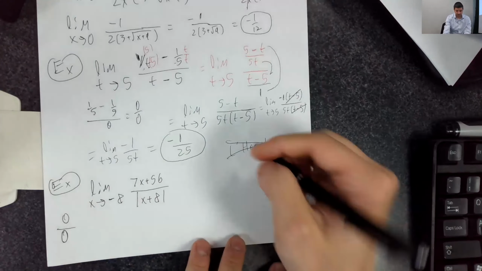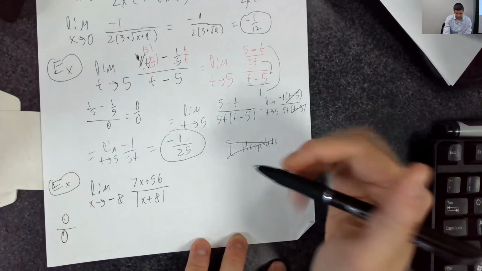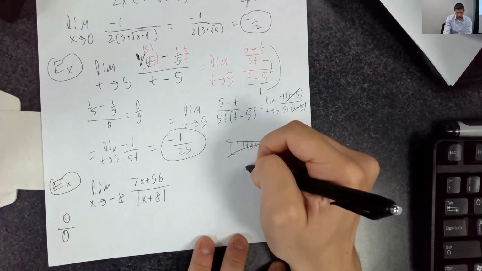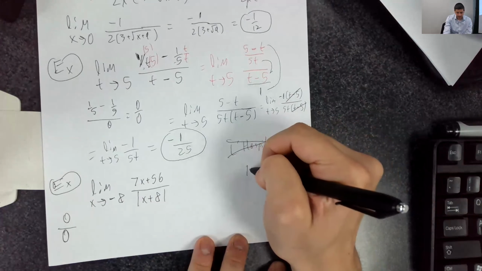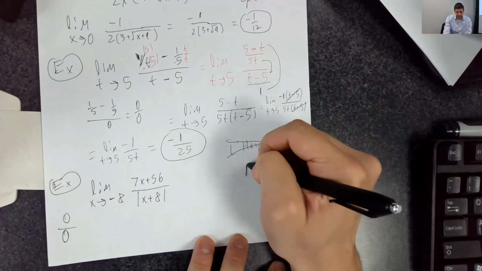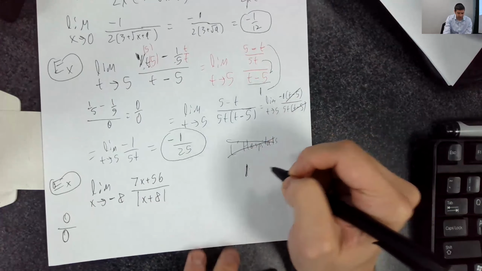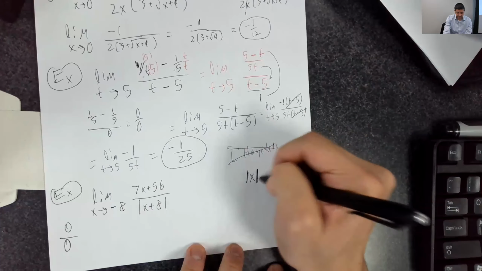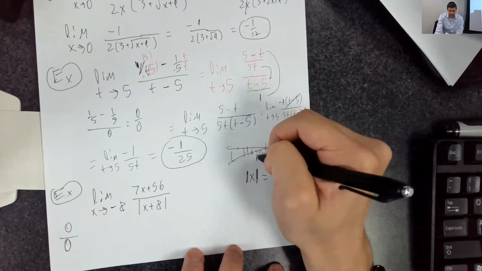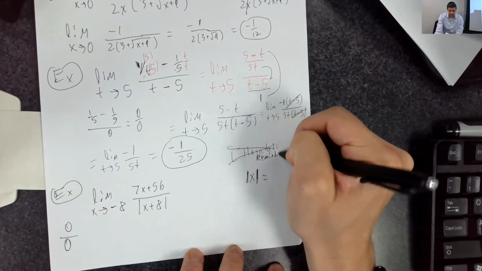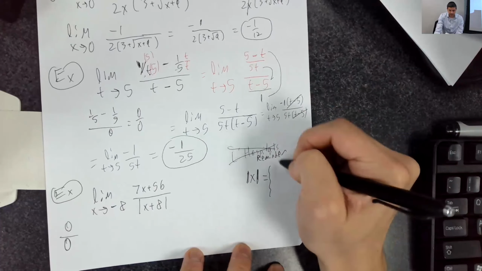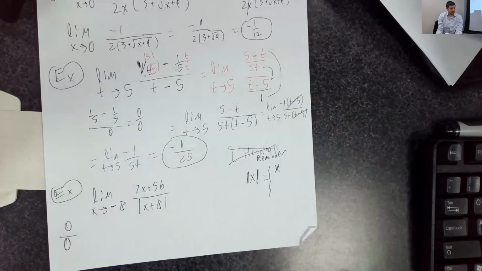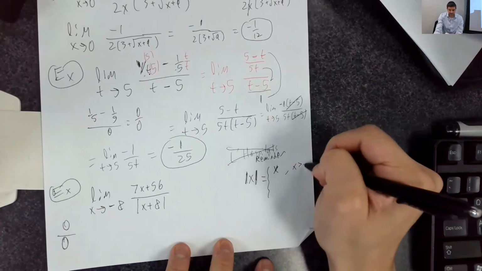What you have to realize is that you have to cancel out the absolute values by using the definition. So the absolute value of x, just to remind you from pre-calc, is equal to x, but only if x is positive.